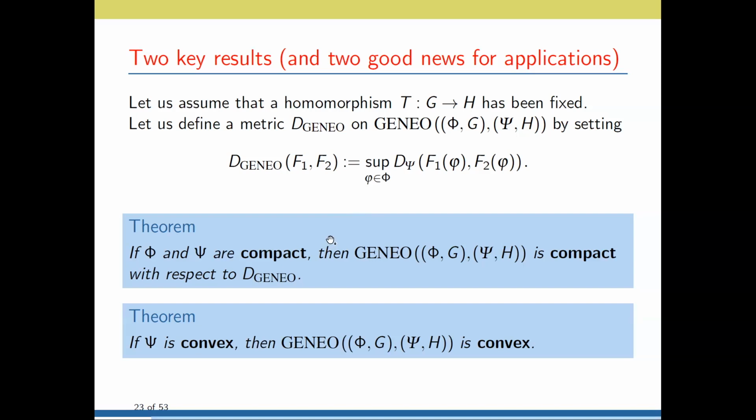Please consider this. The assumption that the compactness of phi and psi implies the compactness of a set of observers is not completely natural and obvious. Think about this. In real life, we usually consider data and observers on quite different levels. And maybe we can have cases where data are quite simple and observers are quite complex.